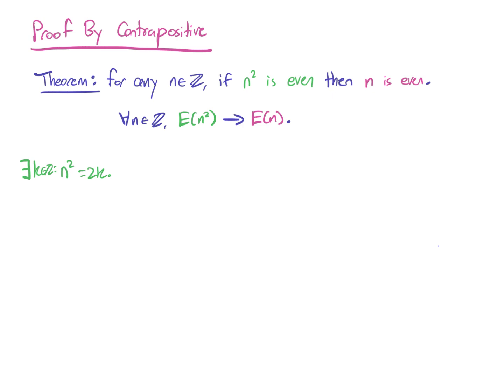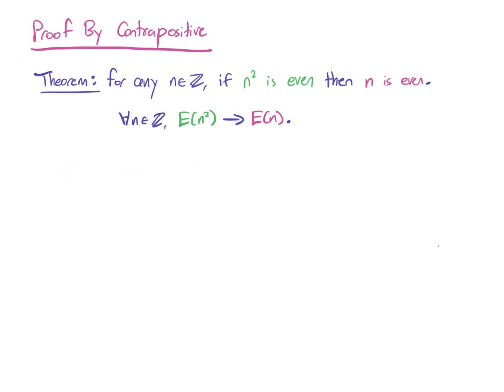I can try to say, therefore n is equal to the square root of 2 times k, but now I have a square root, and that seems really challenging. I don't know how to do square root manipulations yet in terms of showing that things are even or odd. This seems like a dead end. I'm not going to write a satisfying proof this way.